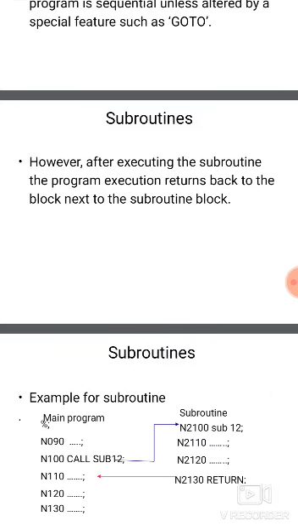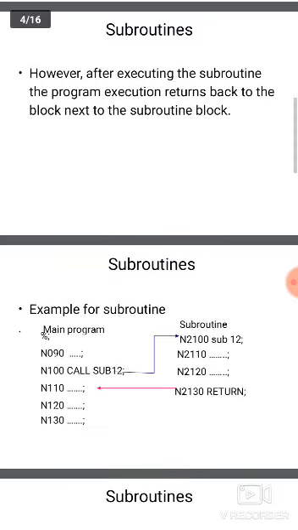Here is an example of a subroutine. I'm writing the main program like this: N010. N indicates the block number. N010, N20, N30, N40, these are all block numbers. After that, I give L50.